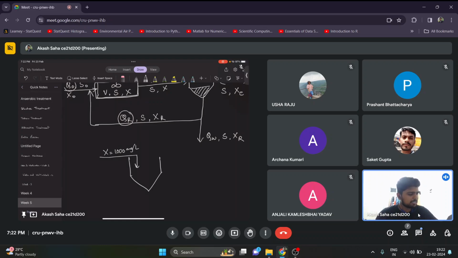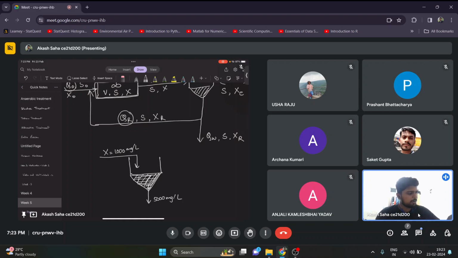After settling, the biomass concentration with time will increase. Suppose it is more than that. So what is coming out from here will be, suppose, maybe 5,000 milligram per liter.